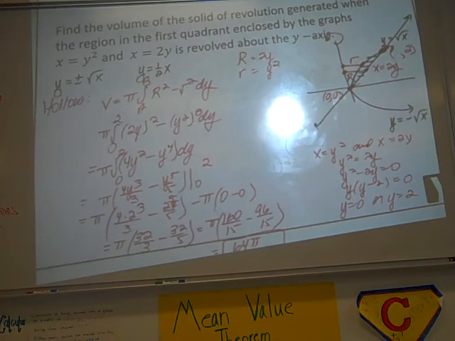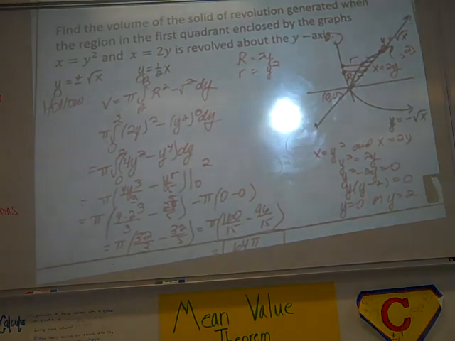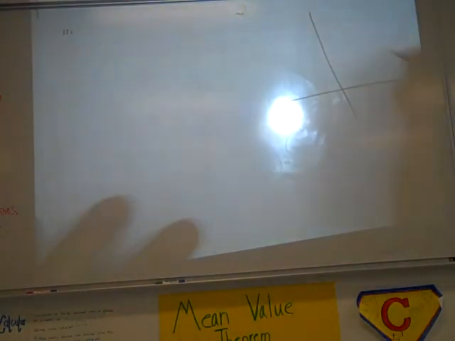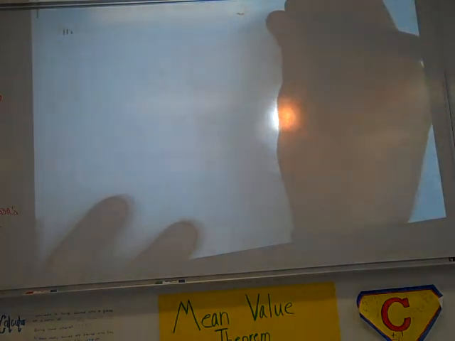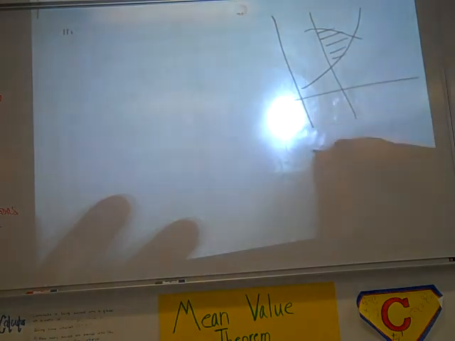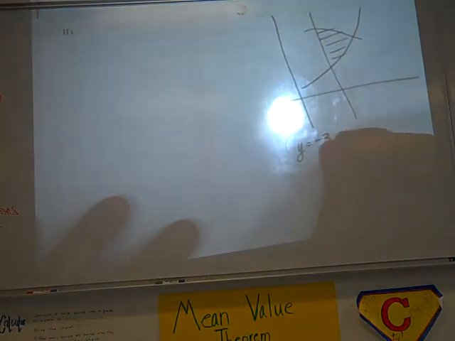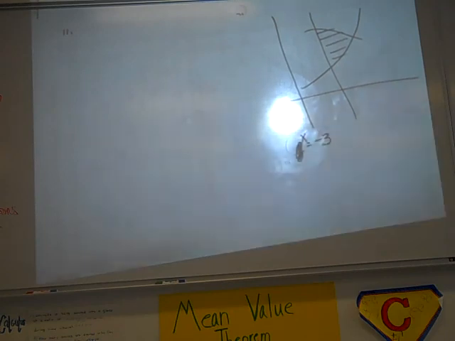Just looking at the video now, I realized the one bit that I didn't cover, and maybe we can improvise a little bit. Sometimes you want to take a region, whatever that region might be, and revolve it around a vertical line, like for example, x equals negative 3.